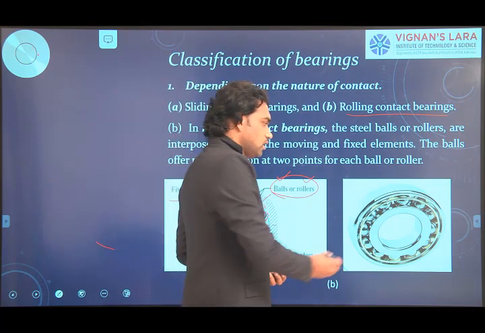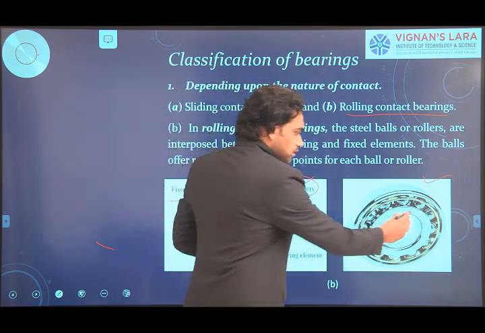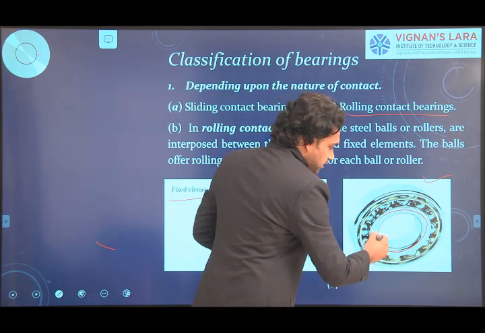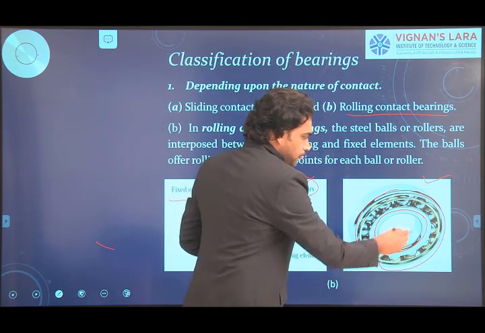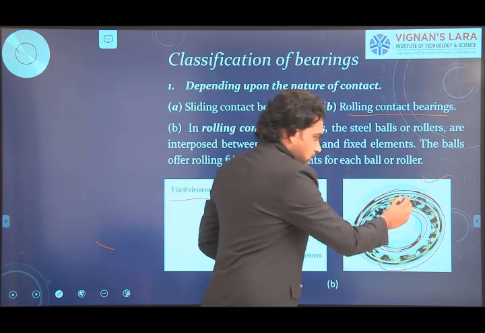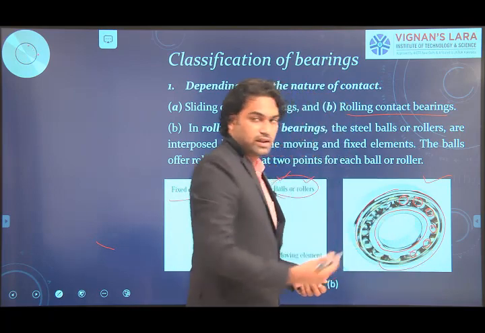As you can see here, the rendered model of the ball bearing. The inner circle represents the inner race, and the outer circle represents the outer race. In between, a number of balls are introduced at equal distances between the inner race and outer race.